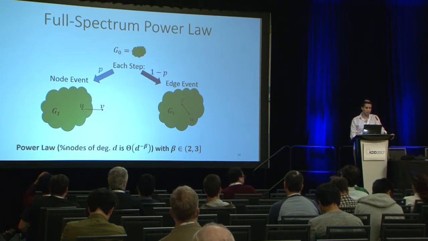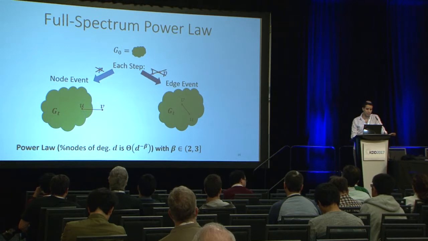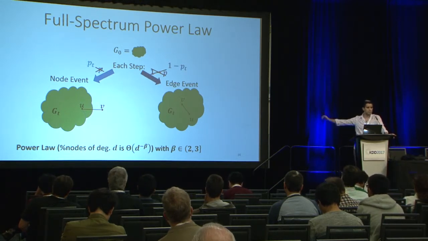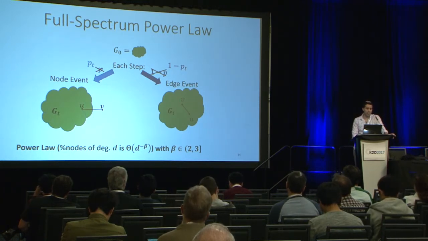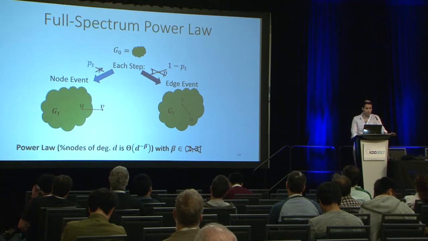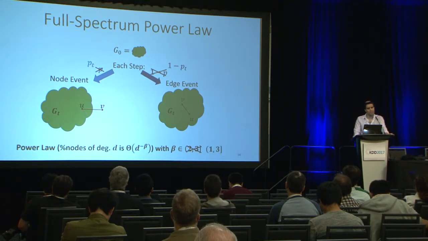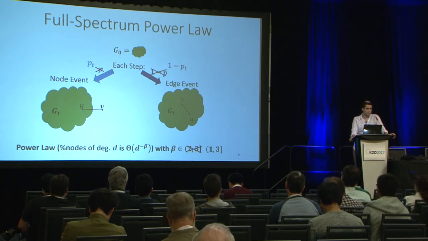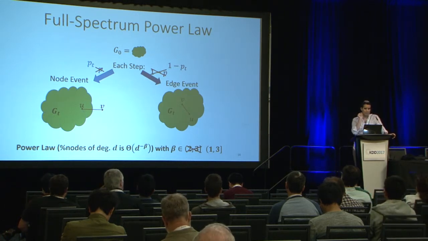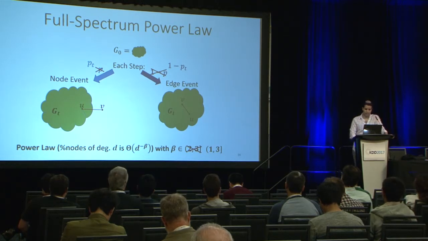We have another result that shows that if, instead of P and 1 minus P, you choose probabilities that vary with time, then you can actually get a larger range. Instead of a power law with exponent between 2 and 3, you can stretch it all the way to an exponent between 1 and 3. So if we just let that probability change a bit, then we can model many more types of networks.